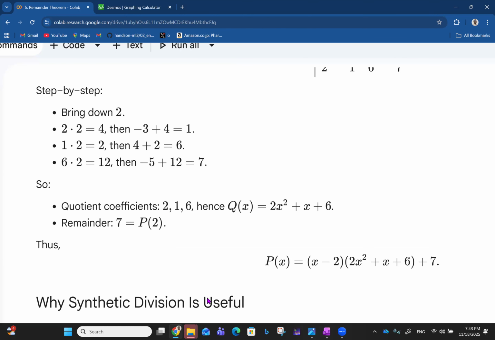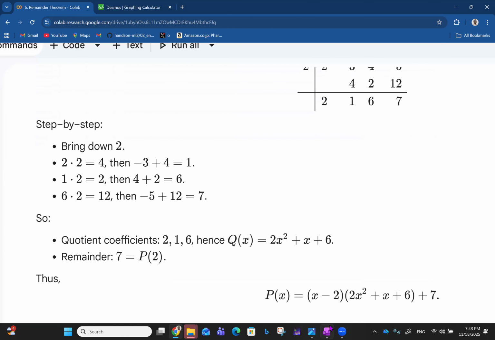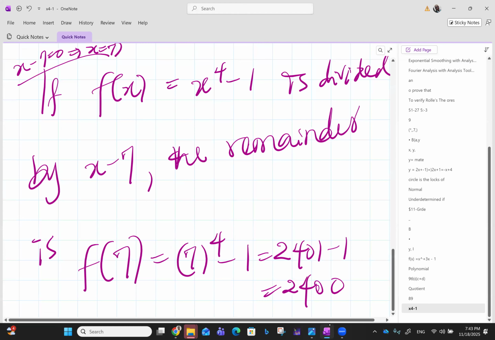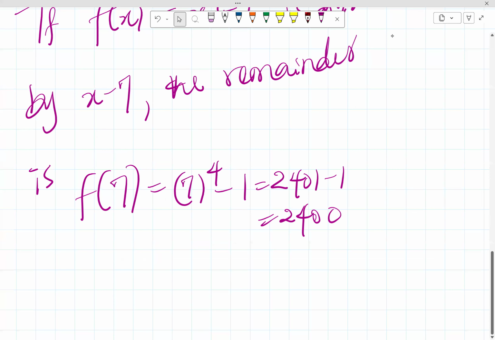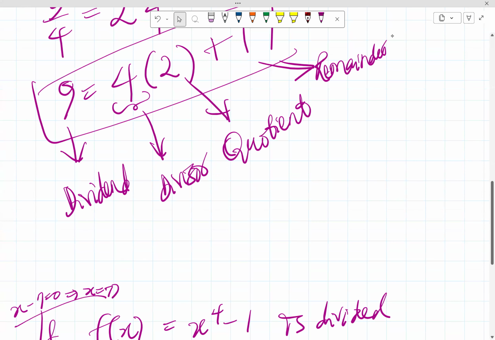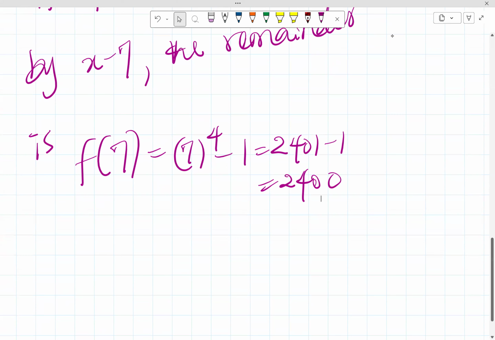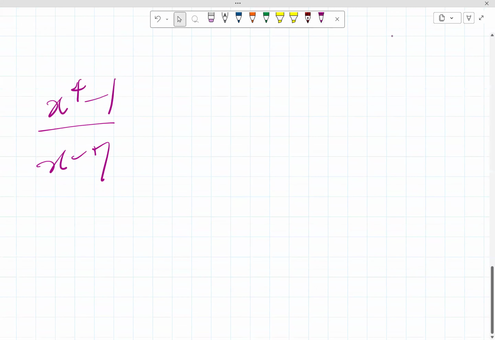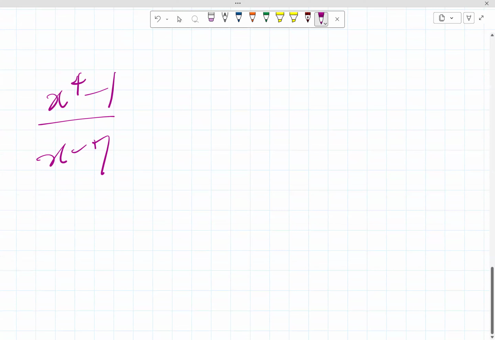Which is the remainder. So I'm going to go to the worksheet and use the same idea. I want to divide x to the power 4 minus 1 all over x minus 7, again using the synthetic method.